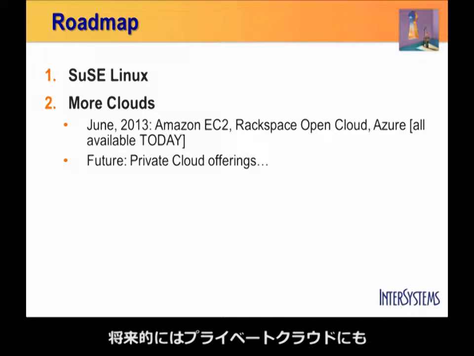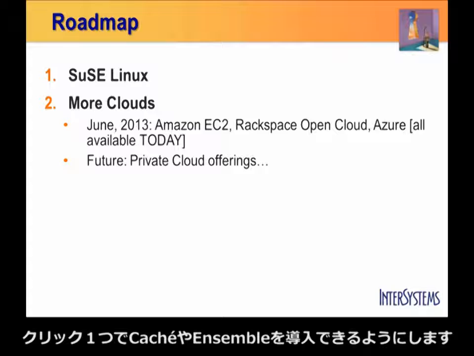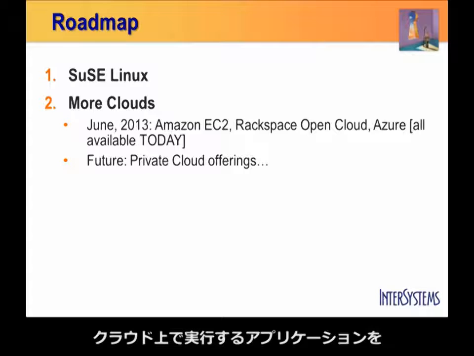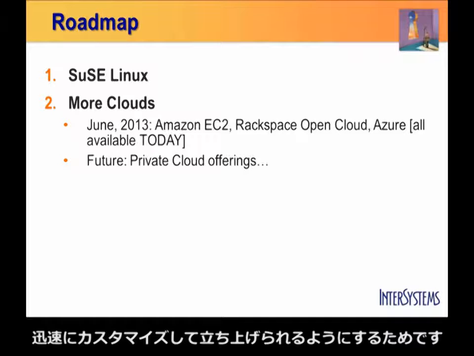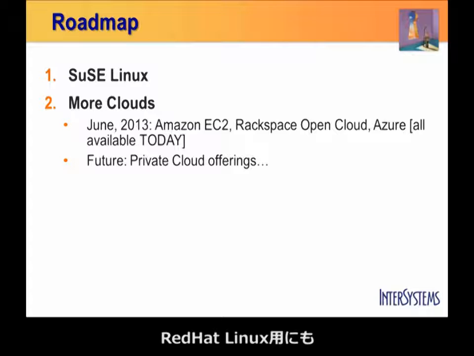And then in the future, we're working on some private cloud offerings as well, to make it easy for you to create your own private cloud and launch Cache or Ensemble with basically a single click. So the idea here is to make it, again, easier for you to quickly customize and launch your application running in the cloud, okay?